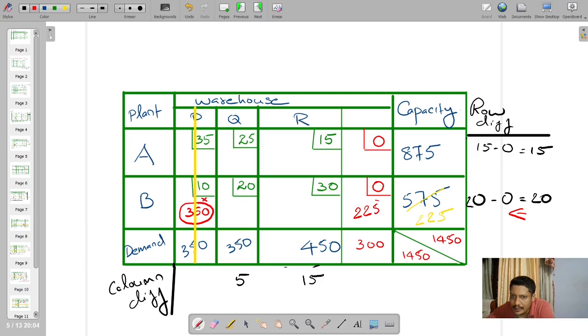We can see that row B will get eliminated from our set of calculations. The balance here will be only 75, so instead of 300, only 75 will be left out here. Now I'll take you to the next sheet.